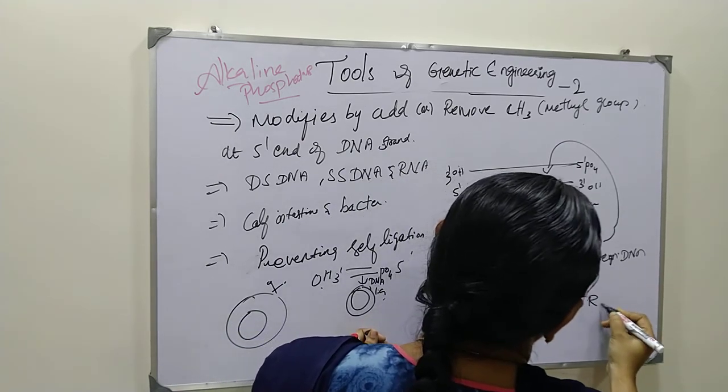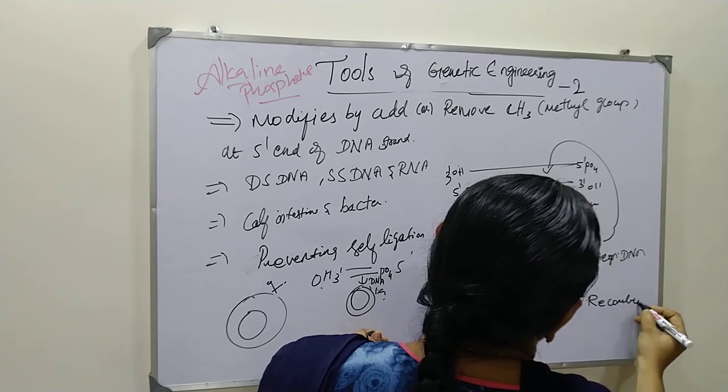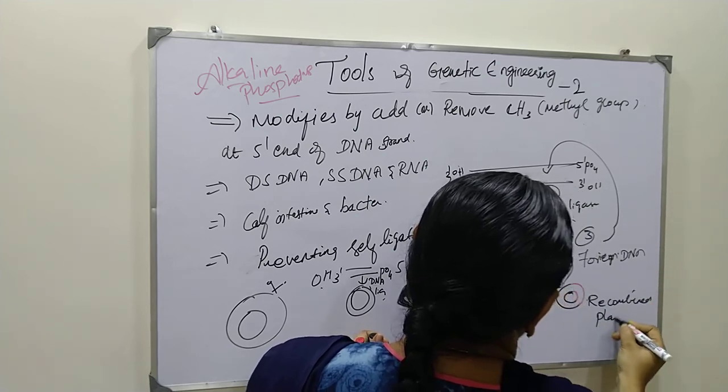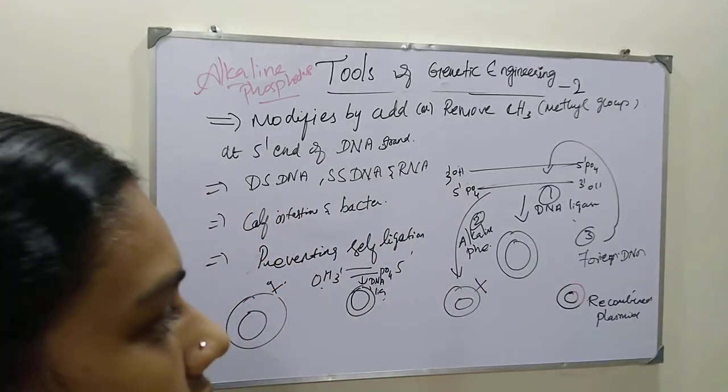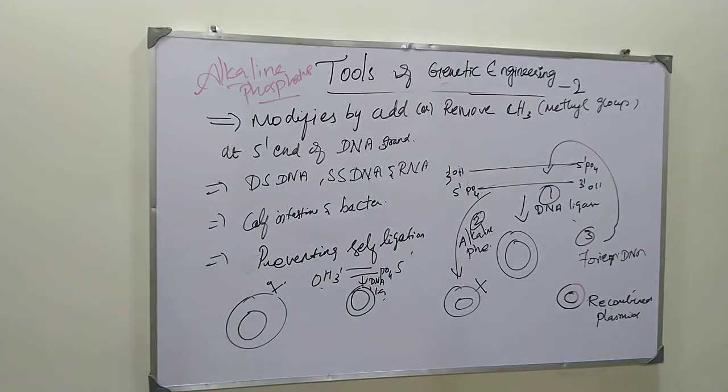This is a recombinant plasmid. So this is about your alkaline phosphatase. I have shown you in the diagram itself.